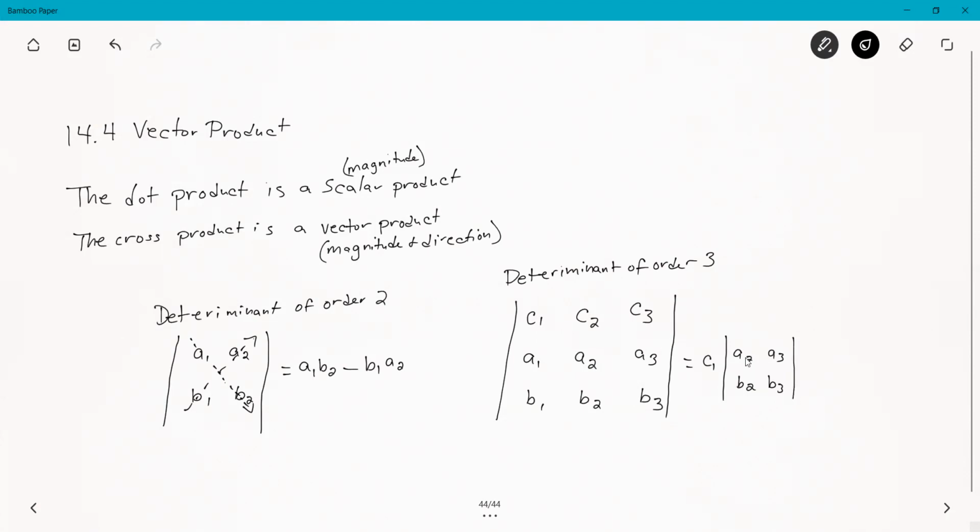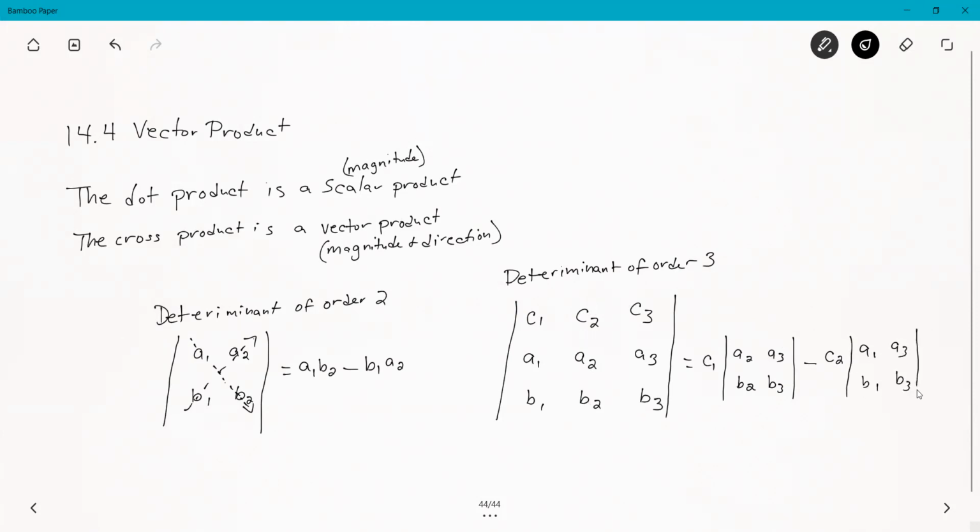So the way that works, remember, is we're going to multiply down, subtracting by multiplying up. Then we're going to subtract off this next term, c sub 2. Okay? And we're going to multiply that by the matrix a sub 1, a sub 3, b sub 1, b sub 3.